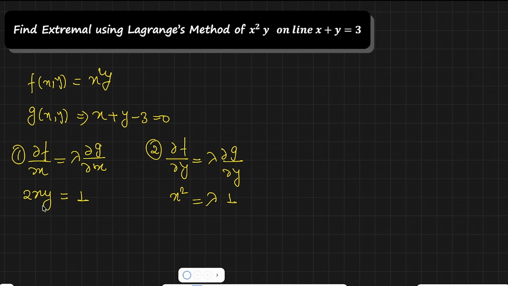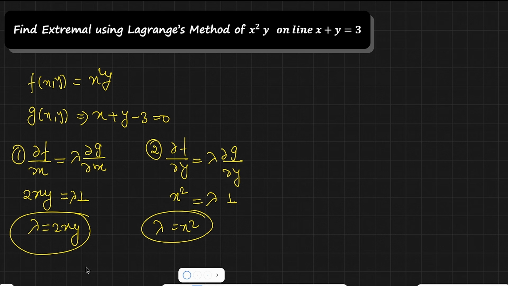So can I find the value of lambda? From here lambda is equal to 2xy, and here lambda is equal to x square. I can equate both of these. But before going to this, I will write down the third one. The third one will be x plus y is equal to 3.